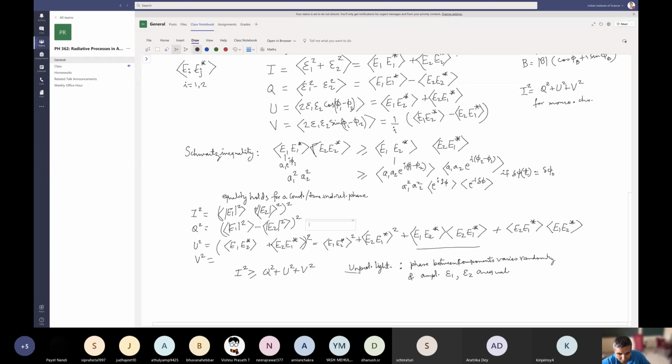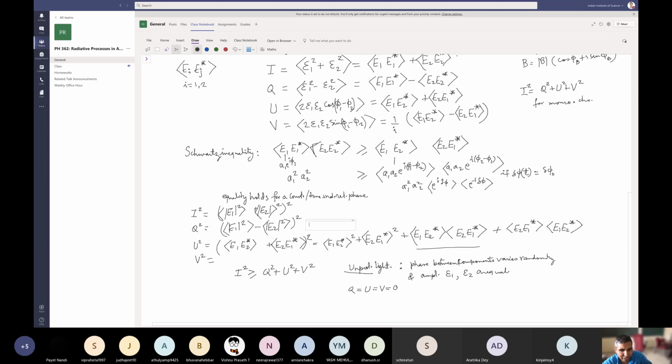So for a completely unpolarized light, you have Q equals U equals V equals 0. A completely unpolarized light is not at all quasi-monochromatic. It's the opposite of monochromatic. Monochromatic light maintains its phase, whereas a non-monochromatic or unpolarized light does not maintain phase relation between any two components. Is this clear?